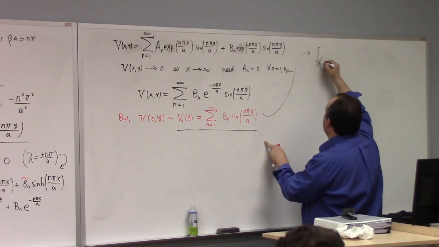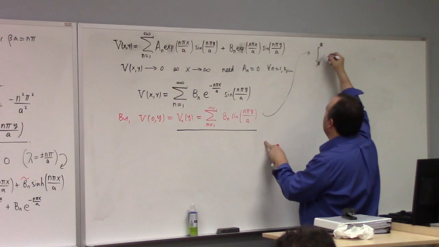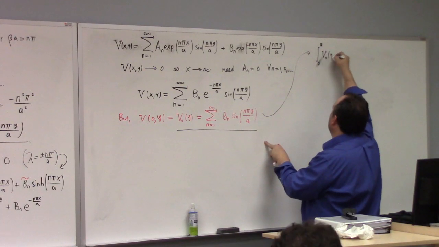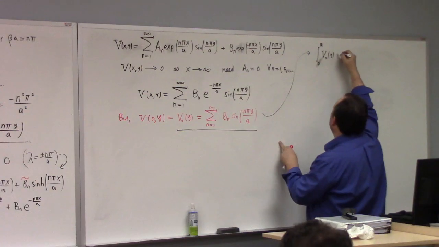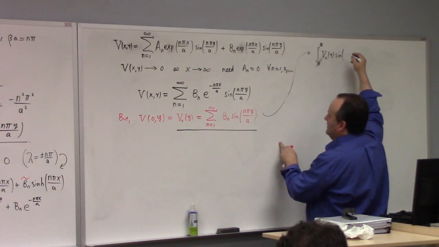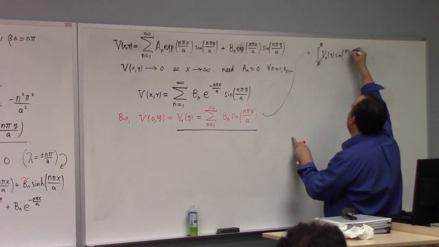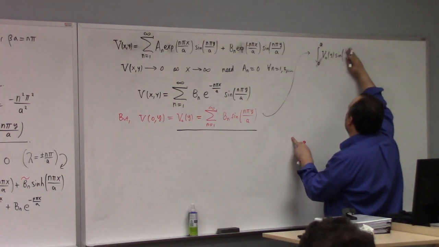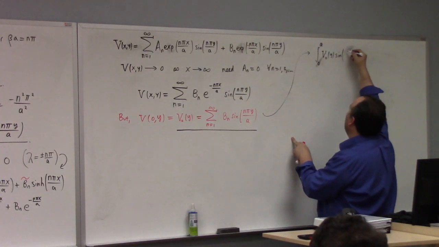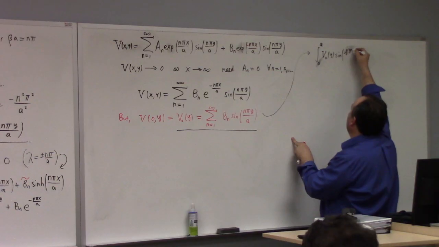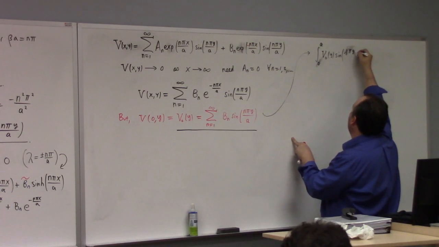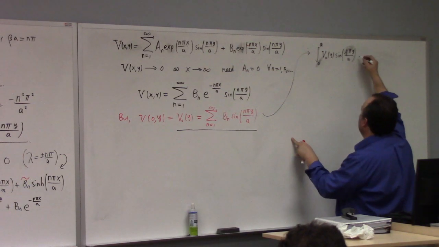Integrate both sides from 0 to a after we multiply both sides by, let us say, the sine of j pi y over a, dy. I need a different letter than n.